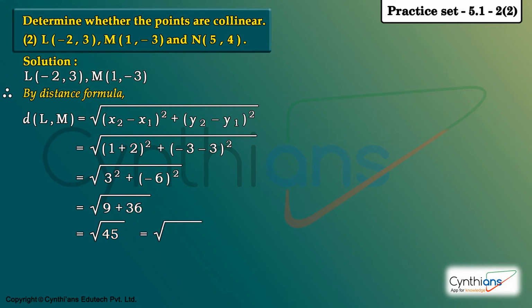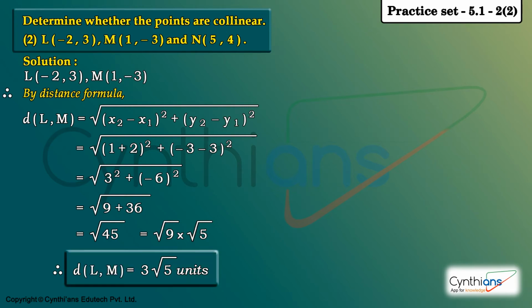Square root of 45 can be written as 9 into 5. Square root of 9 into square root of 5. Okay. So square root of 9 is what? It's 3. So this is 3 root 5 units because root 5 cannot be factorized ahead. So therefore distance of LM is equal to 3 root 5 units. Mark it as equation number 1.